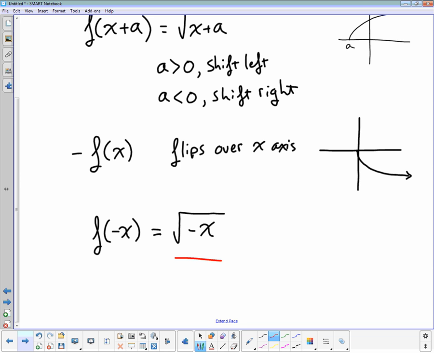So if I plug in negative 3, I get the square root of 3. Now all of a sudden, it's not the positive numbers that give me my domain. It only lives in the negative numbers now. So it effectively flips it, this time over the y-axis, because now positive numbers don't work. Only negative numbers work now.